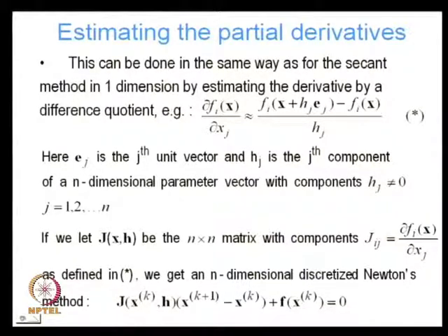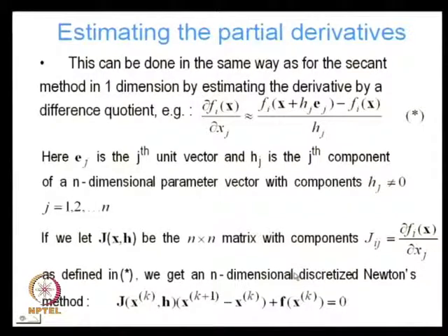So, if we let J(x,h) be the n by n matrix with components Jij which are defined like this, these are my components in my J matrix now, and you can see that it has become a function not only of x, but also of those h's, right. So, if we define Jij like that, we get an n dimensional discretized Newton method.